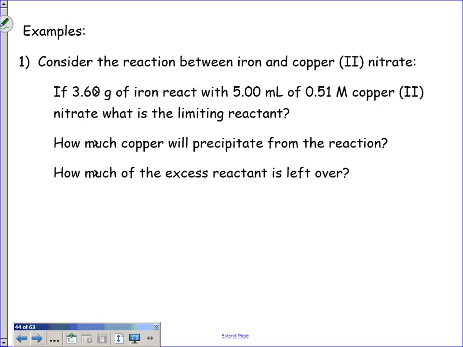And what's iron's charge most of the time? 3. Okay, iron's most of the time 3, yes. When you have to write your reaction.